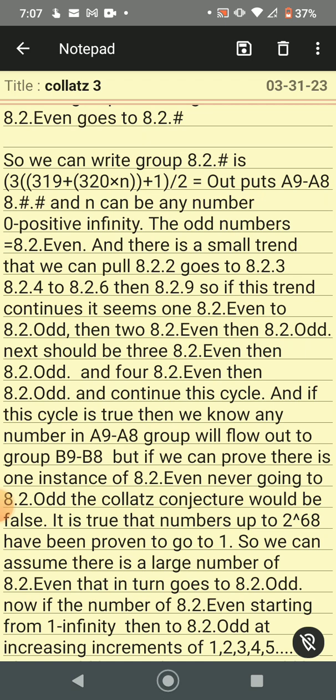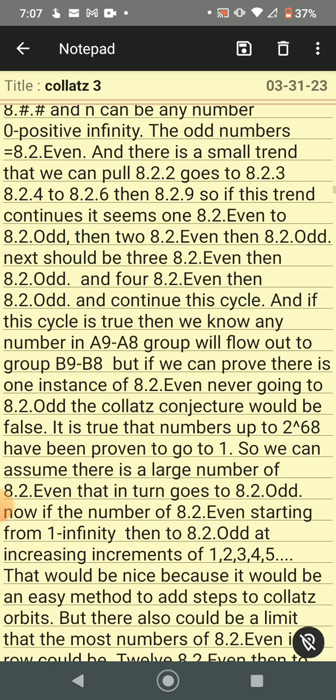So if this trend continues, the amount of even outputs from 8.2 even going to 8.2 even will increase from going to 1, then 2, then 3, then 4, adding to the collatz orbit.